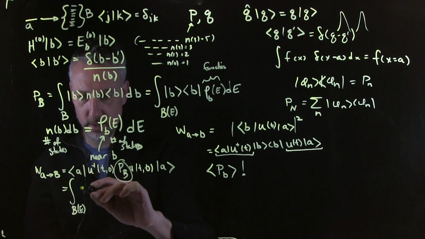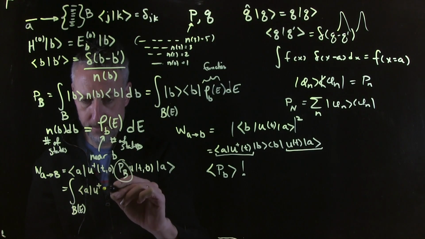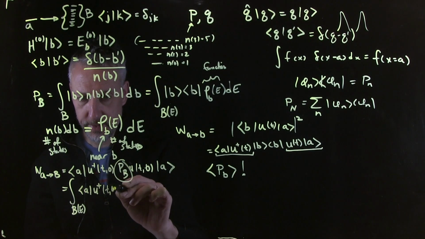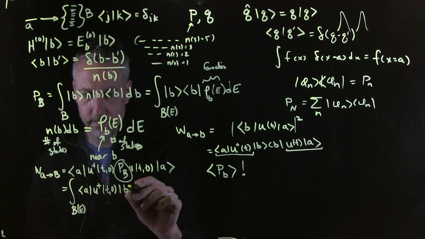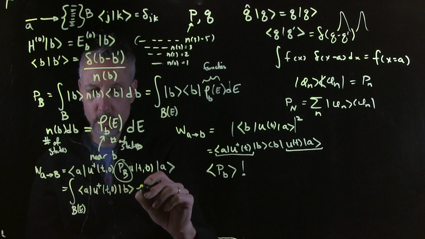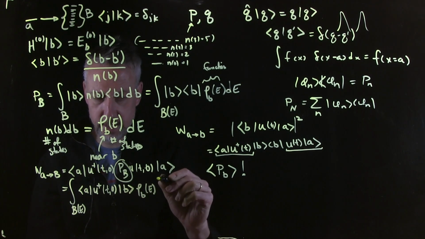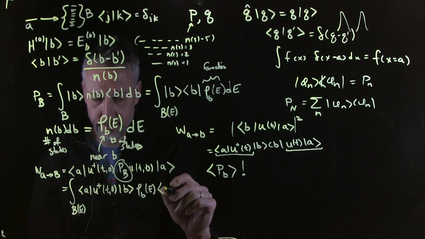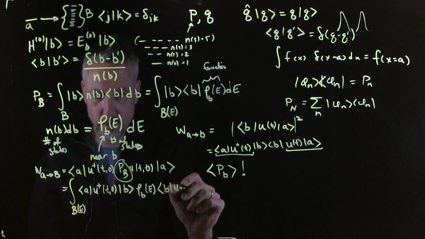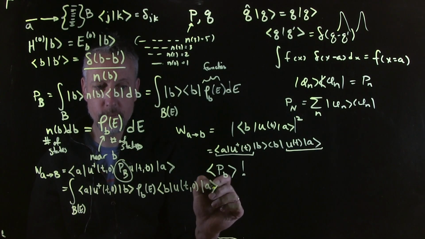So the most useful way to do this is <A|U†(t)|B> rho_B(E), the continuous density of states near the B energy, <B|U(t, t0)|A>.